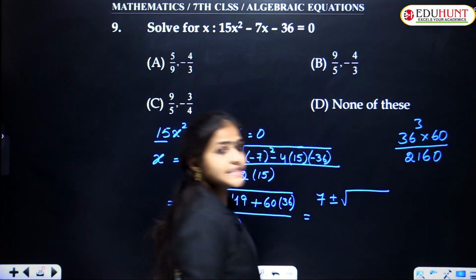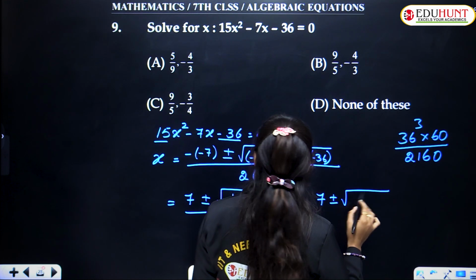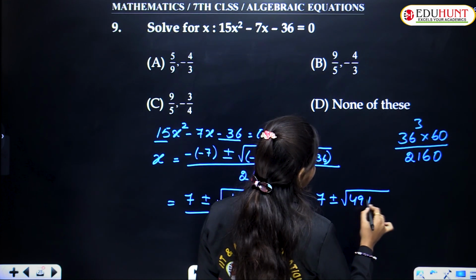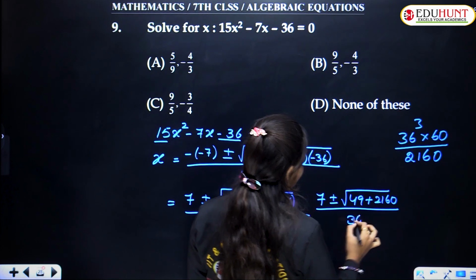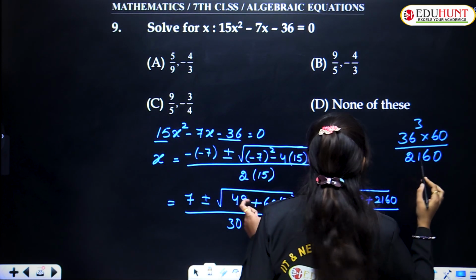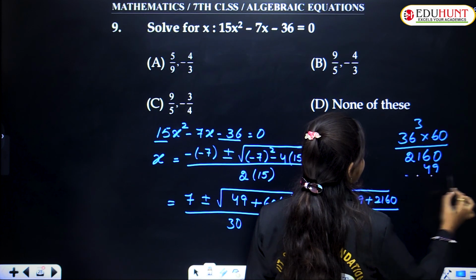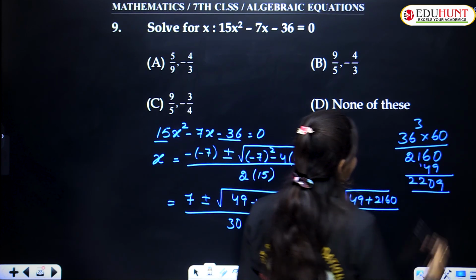So 2160. Understand? So 49 plus 2160, whole by 30. So here 2160 plus 49: 9 and 0, 2. So 2209.